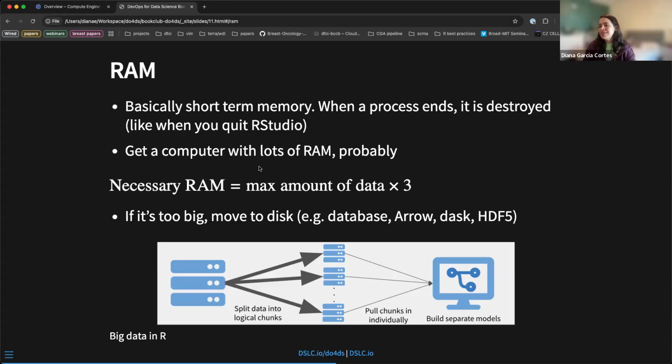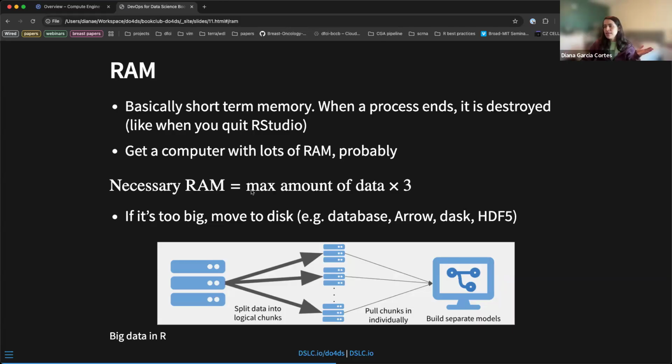It says that for multi-user servers, you need to know beforehand the type of data that your users will need, because what R and Python do is load all your data into your RAM.